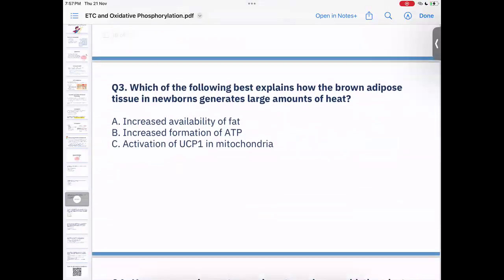Which of the following best explains how the brown adipose tissue in newborns generates large amounts of heat? Does it cause an increased availability of fat, or increased formation of ATP, or activation of UCP1 in the mitochondria? Remember the UCP1, the uncoupling protein. What do you guys think? Perfect.